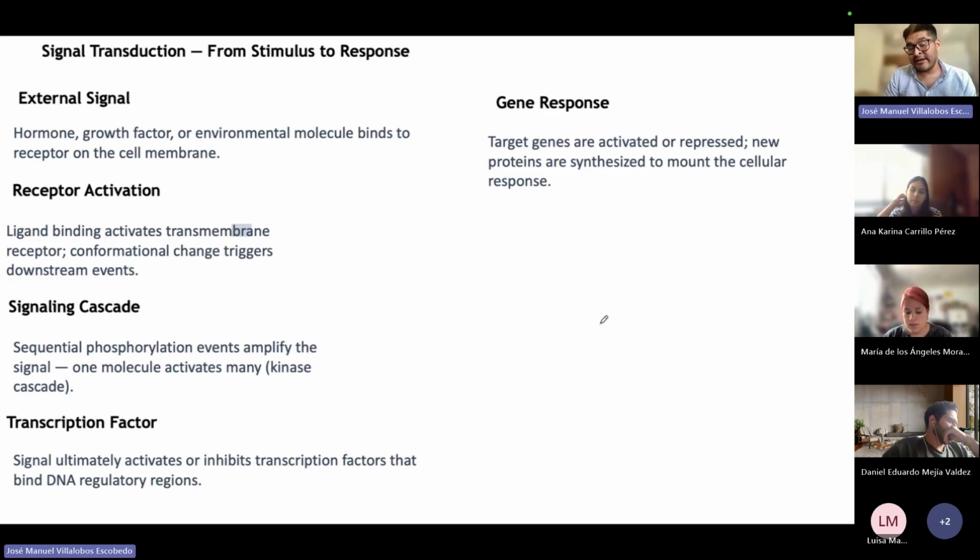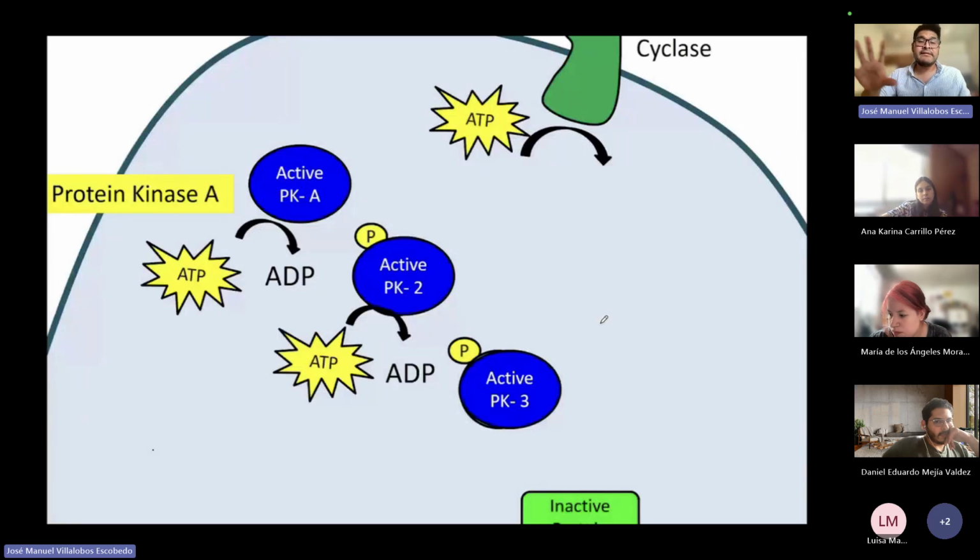And it's real, and it's super, super impressive, right? At the end, we can see gene response, that is, some genes that are repressed or activated by the transcription factors, and after that they are able to produce proteins. So this is the phosphorylation cascade of different MAP kinases that perceive something in the membrane, and after that, using ATP, they phosphorylate.